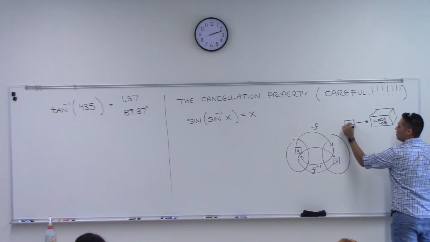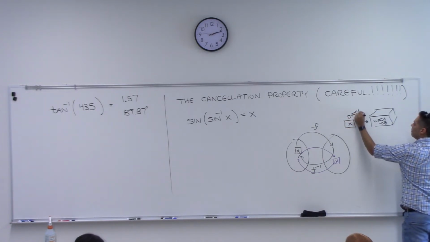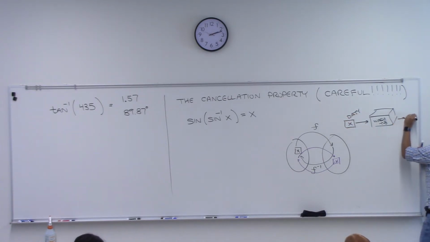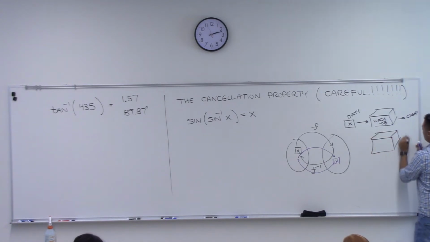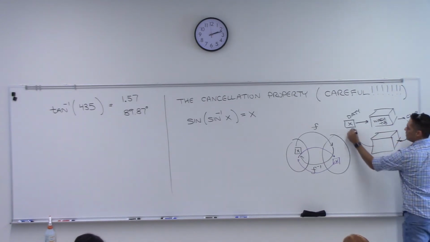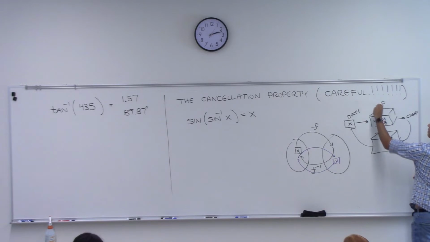We send in this dirty car, it comes out over here clean. The idea of an inverse function is another car wash over here where you take your clean car and it spits it out back as a dirty car. That's the idea of an inverse function. This is f. This is its inverse.